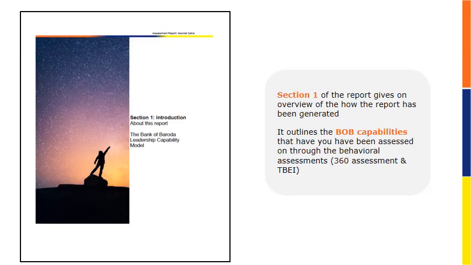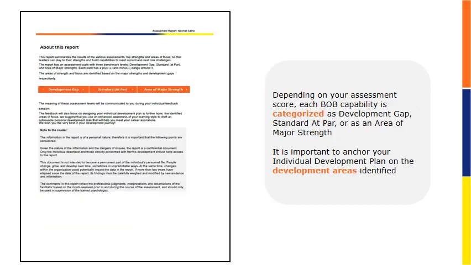Let us start by understanding the introduction section. Depending on your assessment, each of the 6 Bank of Baroda capabilities will either be marked as development gap, at standard, or area of major strength. Development gap indicates a low score on the capability.